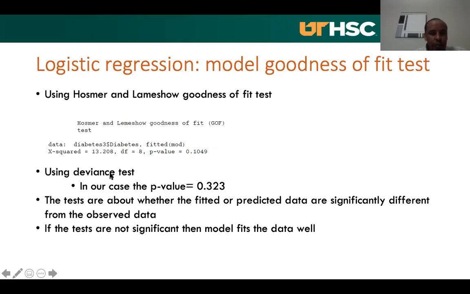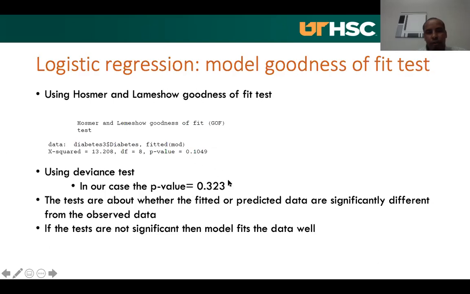And the other is using the deviance test. In our case, the p-value based on the deviance test comparing a null model to a model with BMI is 0.323. Again, the interpretation is in the same way.